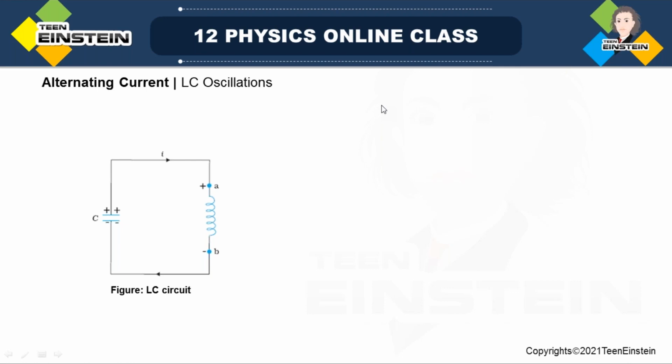We have learned what the phase difference between the current and voltage is in individual circuits. Then we learned LCR circuits. We have seen there is oscillation and resonance in LCR circuits. So those things we have learned.